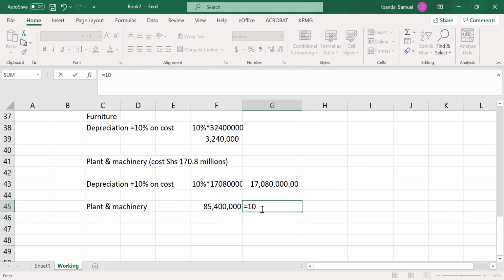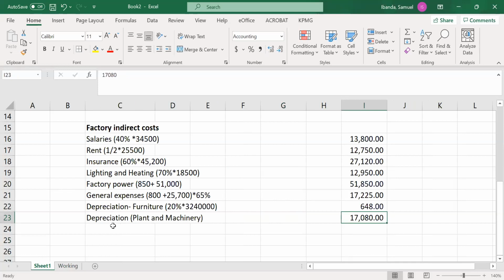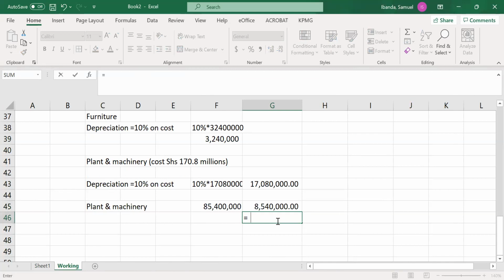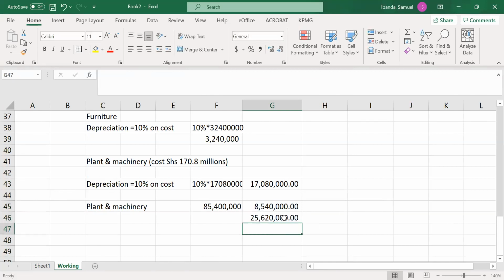So 10% of this value is 8.5. You can either say this is existing and then you put it, but let me just add them together. The summation of these two values is actually 25,620.